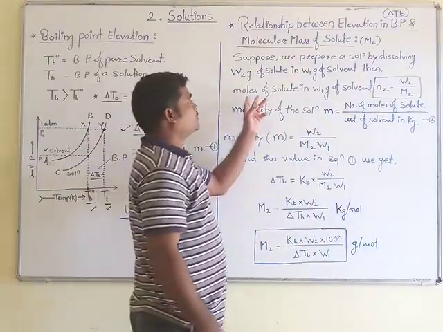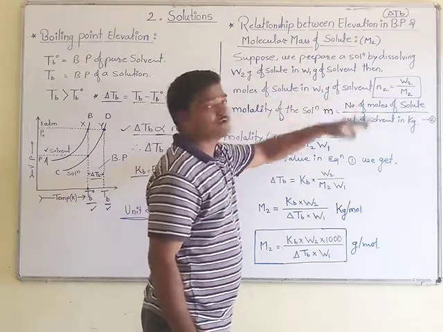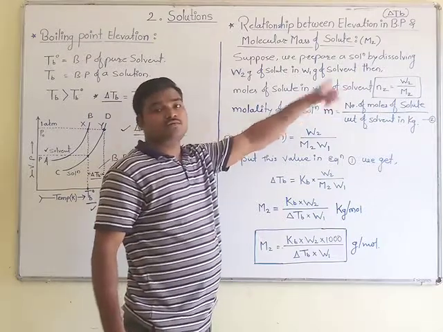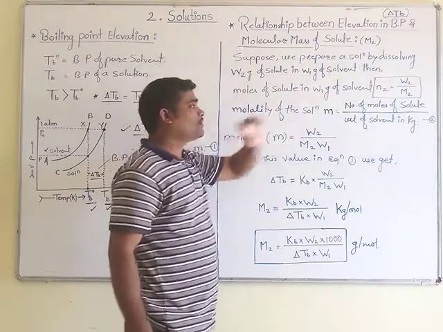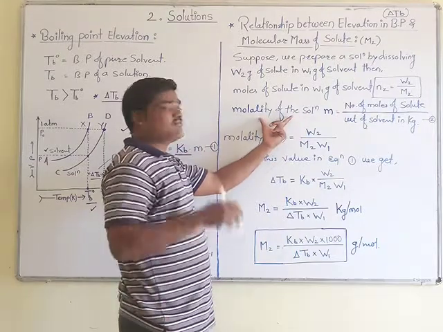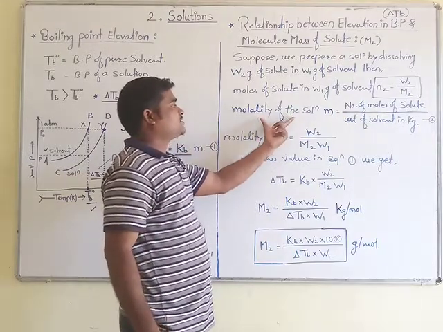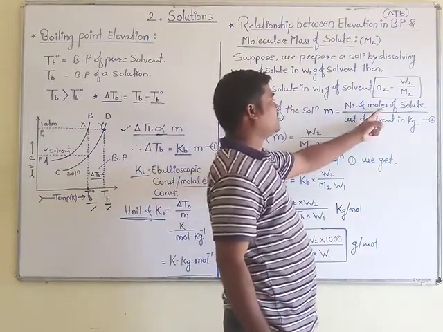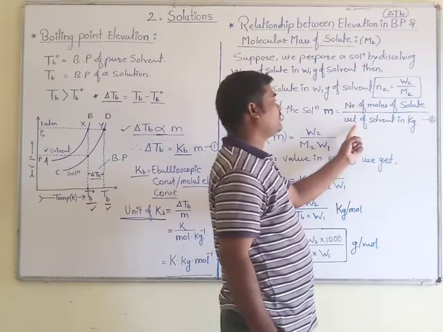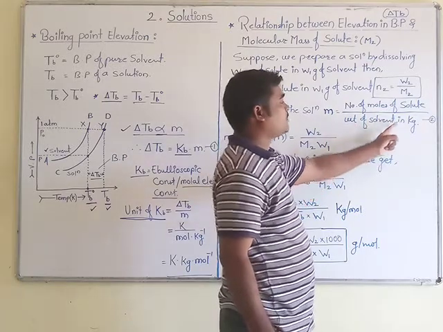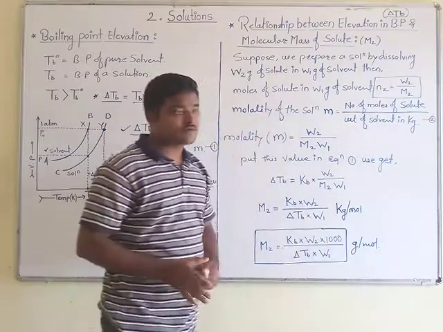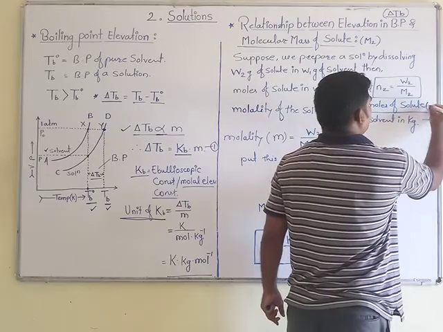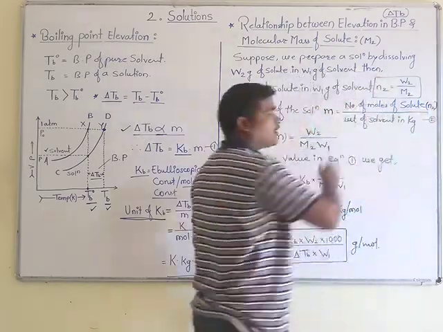Now the moles of solute in W1 gram of solvent are nothing but N2, and N2 we can find with that formula, N2 is equal to W2 upon M2. Now, the definition of molality: the molality of the solution, small m, is the number of moles of solute dissolved in 1 kg of solvent, and the number of moles of solute is N2, as I already told.